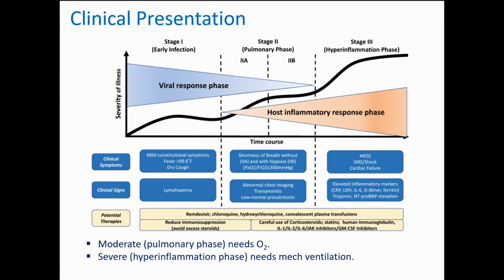It has 2 subdivisions here, or 2 subcategories, followed by stage 3. And this is the severity versus the time course. Now, I don't want to go through the therapeutic options, because this is too general. It just gives you an idea how things evolve with respect to the viral replication cycle, which is followed by the host inflammatory response.